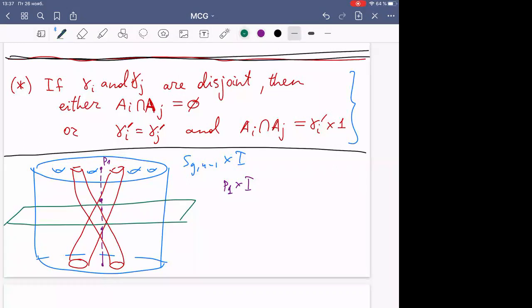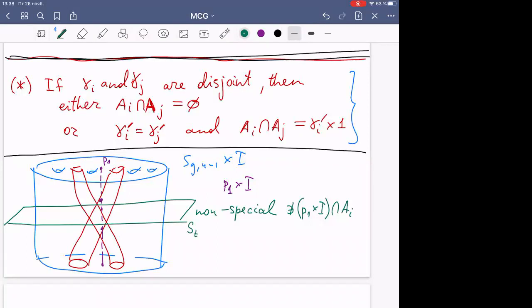So let us choose a non-special level. Non-special, I mean such a level that there are no intersections of the segment with the annuli on this level. So we take any level except for finitely many that contain such intersections. Then this level, let us denote it by S_t.